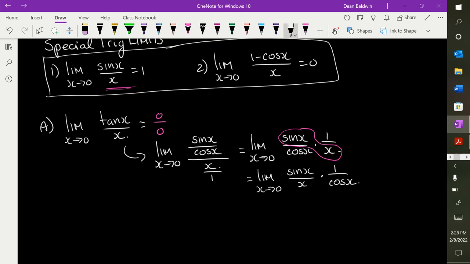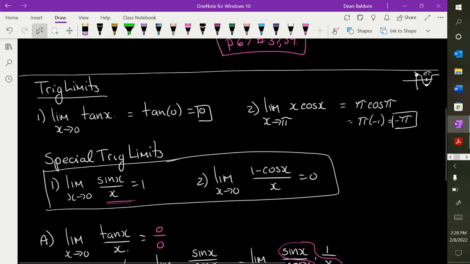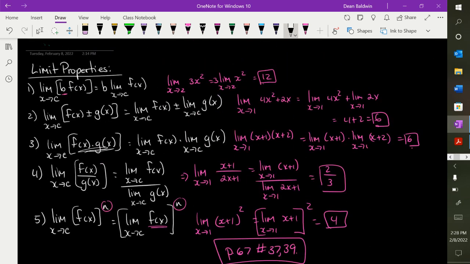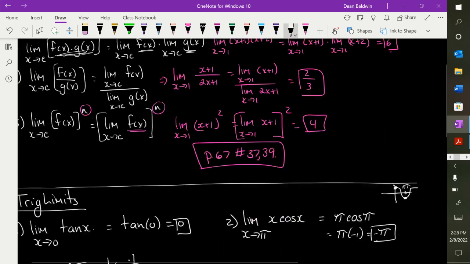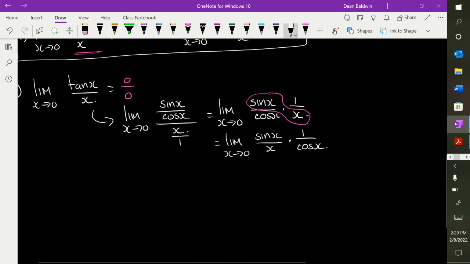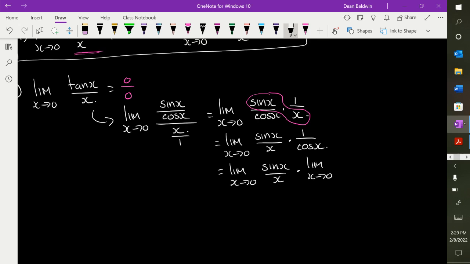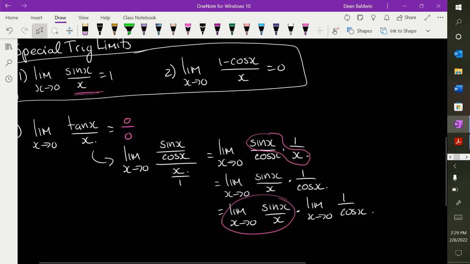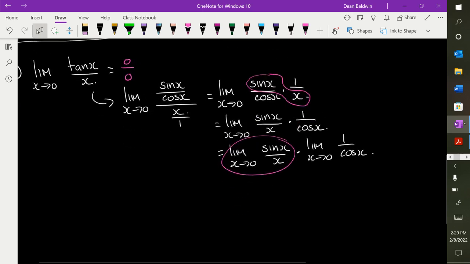And then using the properties of limits, which are up here, for multiplying, I can break it into two separate functions. So this now becomes the limit as x goes to 0, sine x over x times the limit as x goes to 0 of 1 over cos x. This is defined as being 1, so that equals 1.